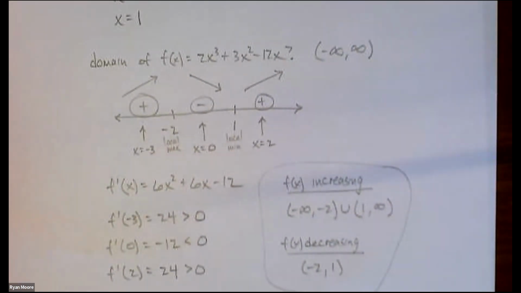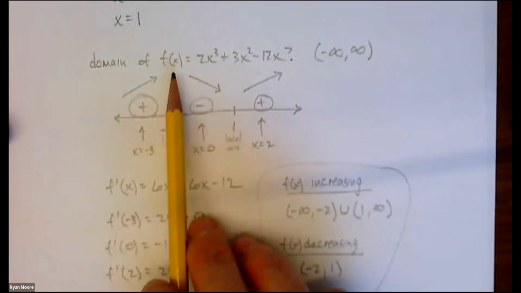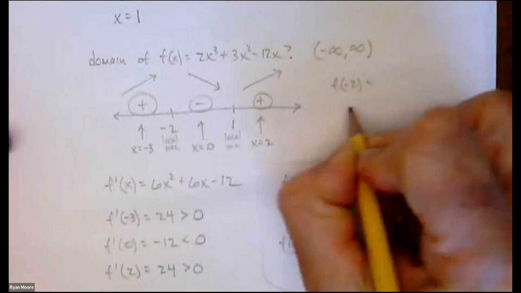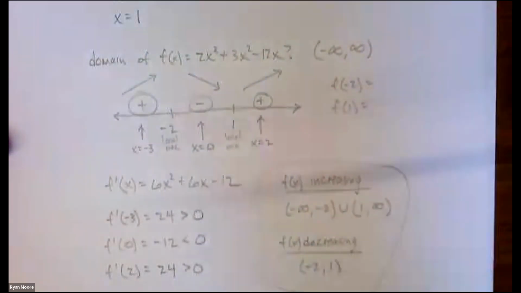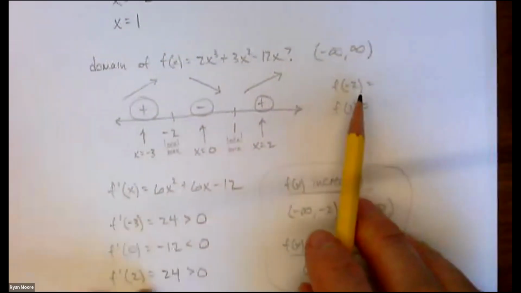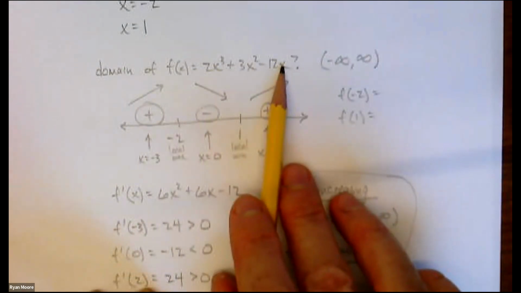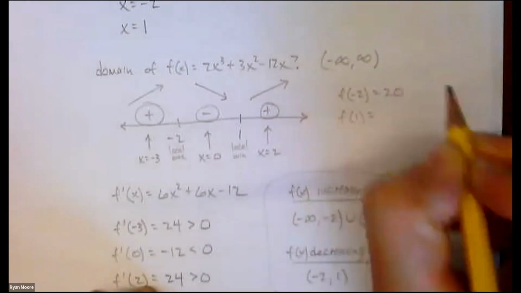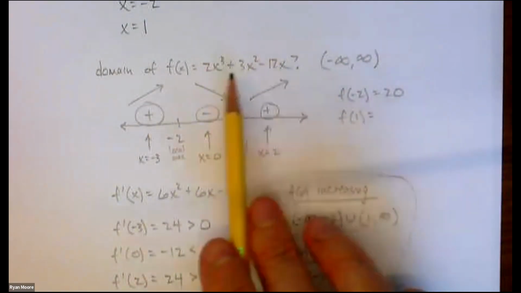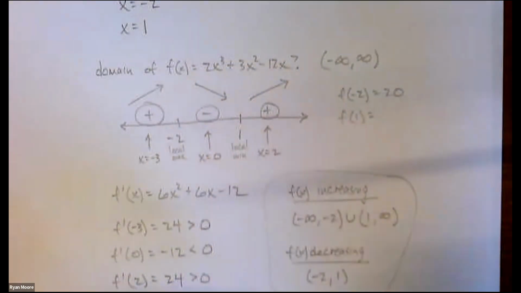The only thing left to do then is say, all right, let's plug those numbers back into the original function to get their y values. And then we'll have it. Well, if we put -2 back into the original, I went ahead and did that. I got 20 when I plugged that in. And when I plugged in 1, well, that's a little bit easier. 2 plus 3 minus 12, 5 minus 12, -7.